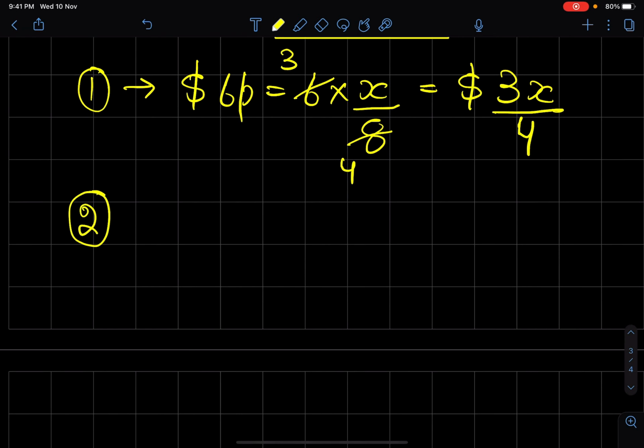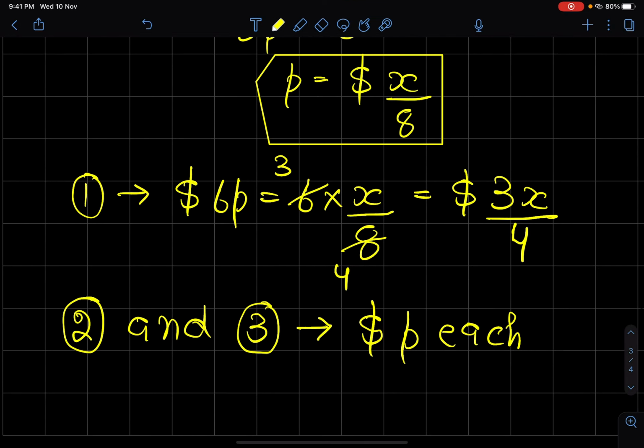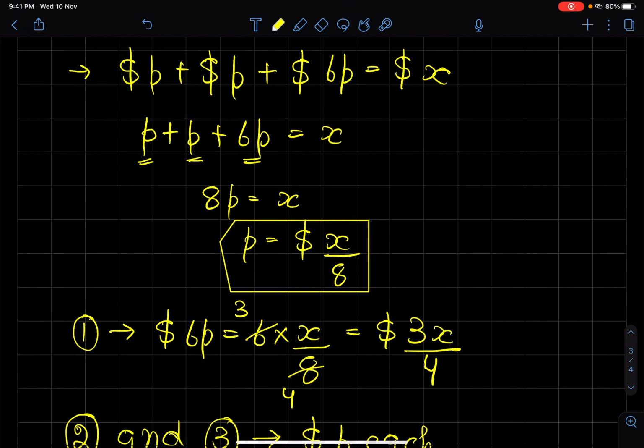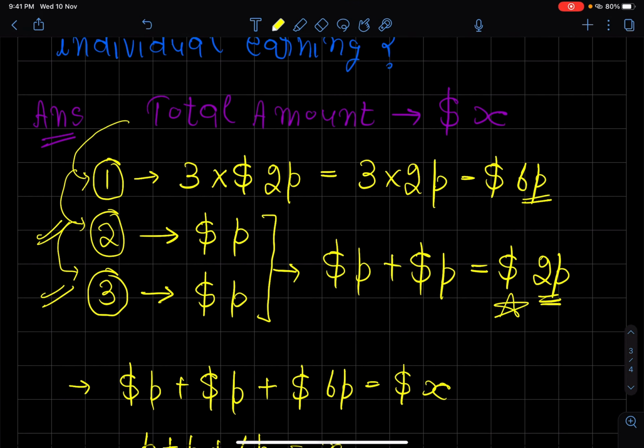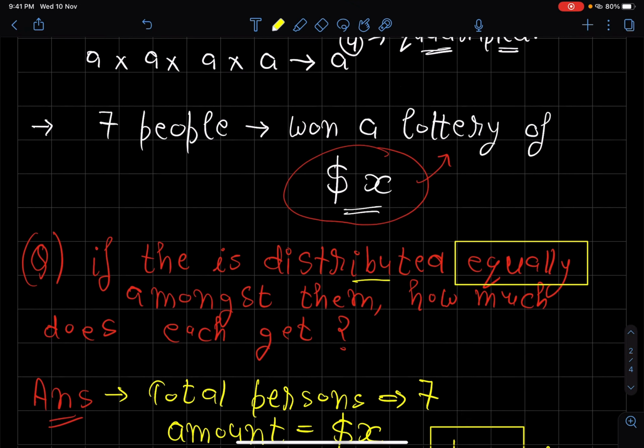Person 2 and person 3 get $P each. The value of P is $X upon 8, so they get $X upon 8 each. You can have a look at that, take screenshots or whatever you want, note this down.